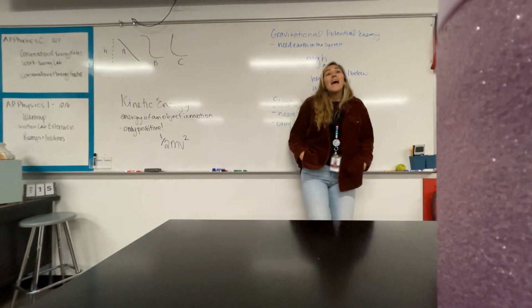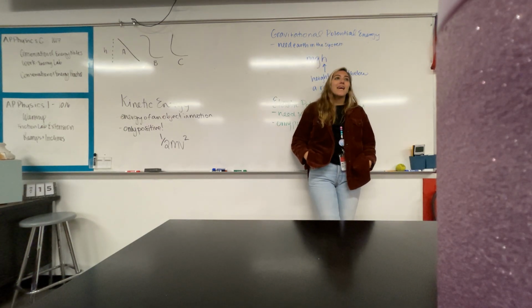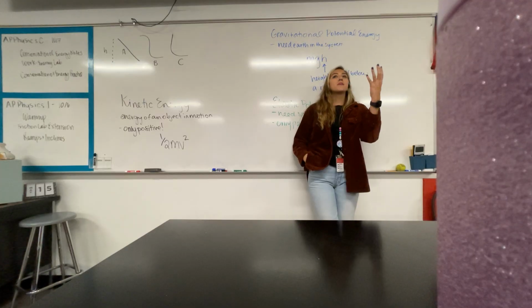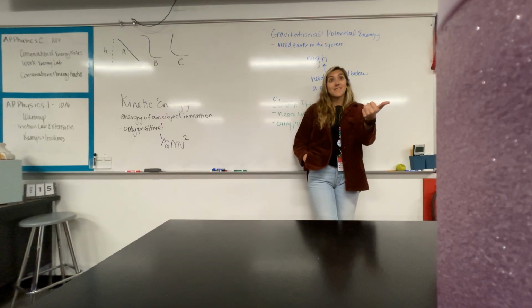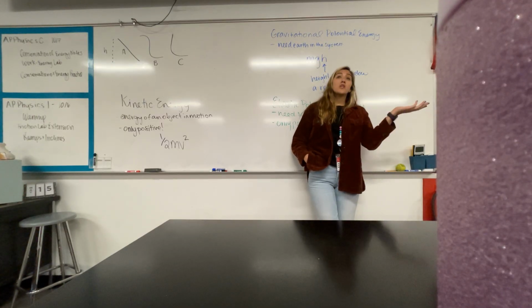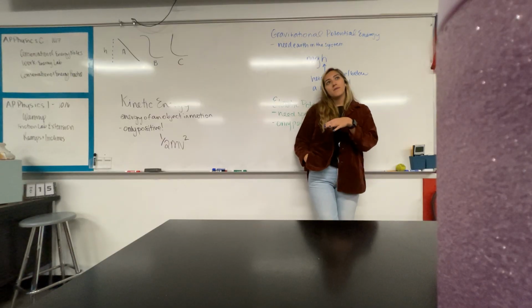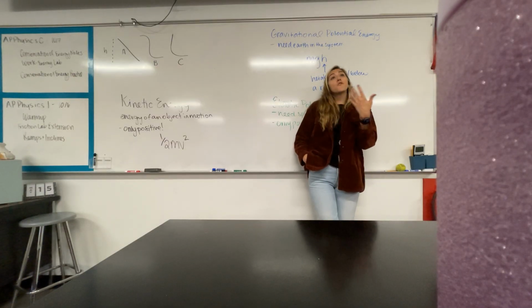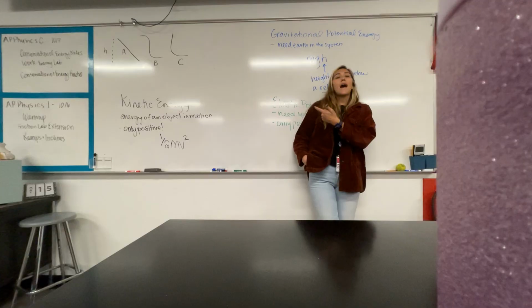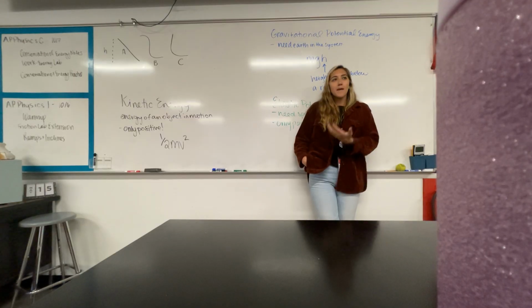Gravitational potential. Since there's no friction, is total mechanical energy going to be conserved? Yes. So if I start with GPE, what am I going to end with? Kinetic. Do all of these have the same gravitational potential energy to start with? Yes. So therefore, they will all have the same kinetic energy at the bottom.